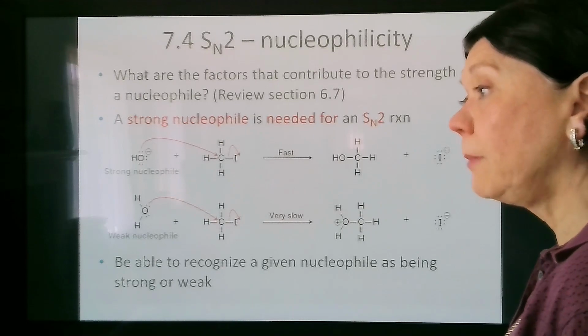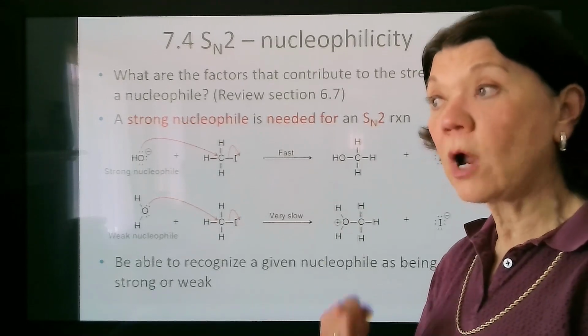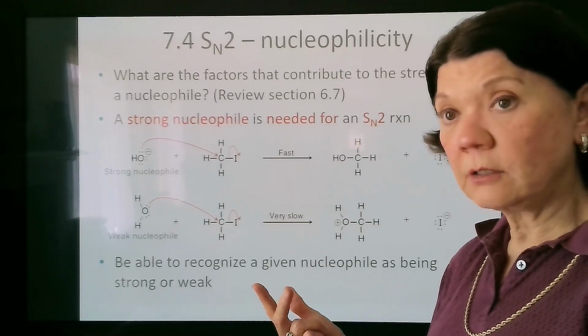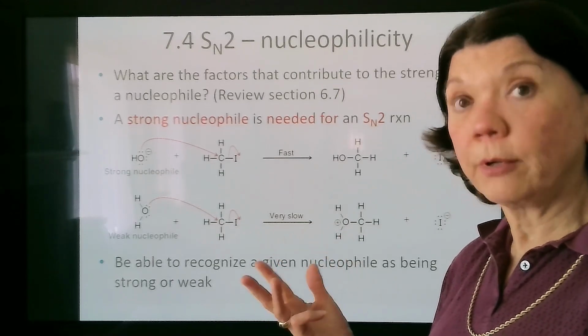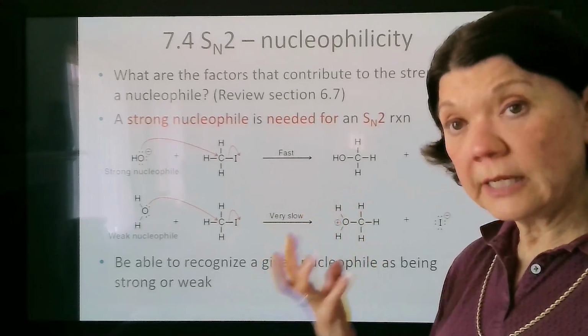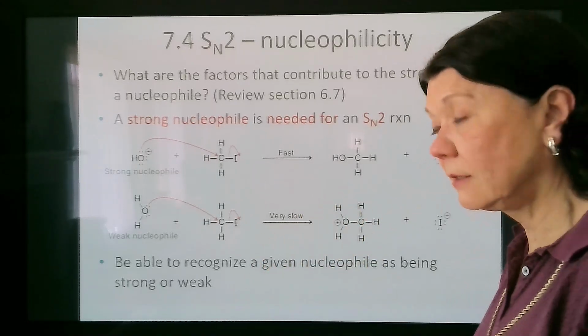And you do remember what REO stands for: atom, resonance, induction, and orbital. The orbital was controlling the electrons. So you'll need to go back and review that.